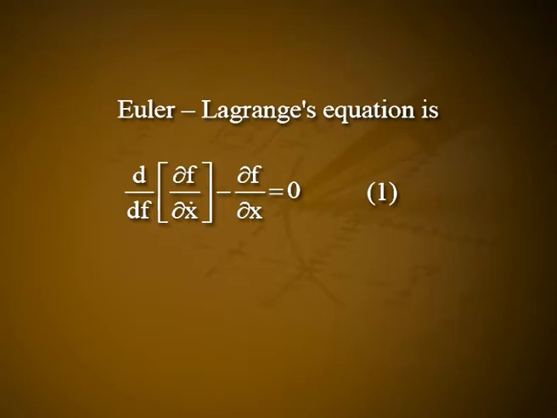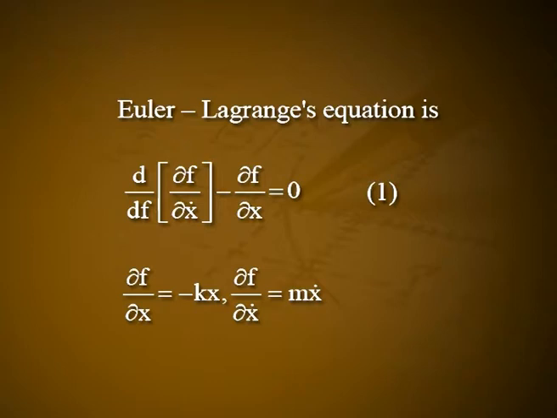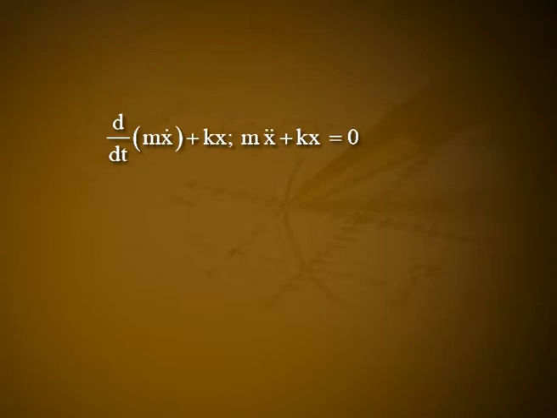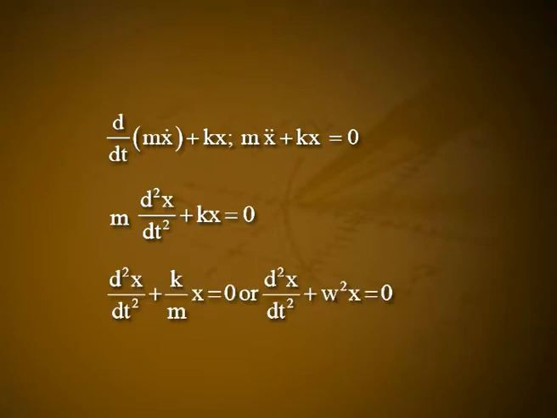Let it be equation number 1. ∂f/∂x is equal to minus kx. ∂f/∂x dot is equal to m x dot. d/dt of m x dot plus kx: m x double dot plus kx is equal to 0. m into d square x by dt square plus kx is equal to 0. d square x by dt square plus k by m into x is equal to 0, or d square x by dt square plus omega square x is equal to 0. This is the differential equation for one-dimensional harmonic oscillator.